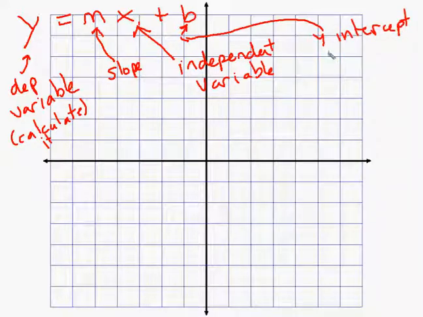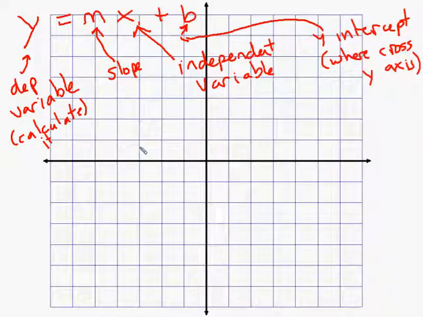Well, what is an intercept? It's where we cross the y-axis. So I'm going to give you an example of this. Let's say that I want to graph the equation y equals 2x minus 4.